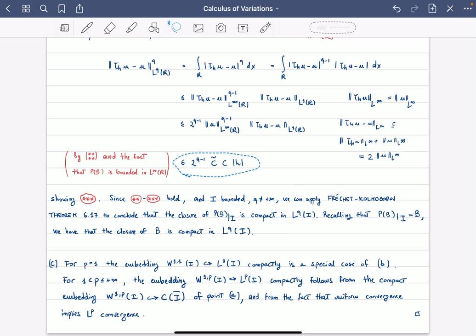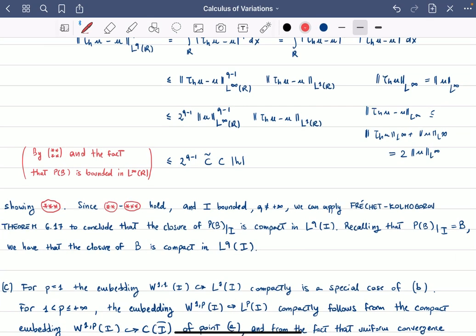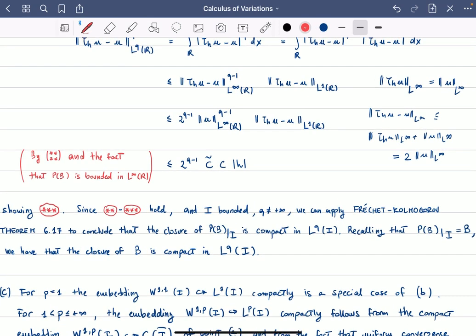So this one was the motivation for this one, and for this one we use that the L infinity norm of tau_h u minus u is less or equal than twice the norm of u in L infinity. Let's write down directly the final estimate.